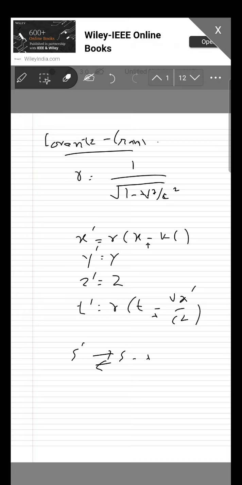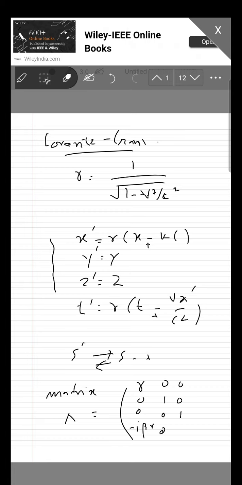Now based upon these, the Lorentz transformation can also be written in terms of a matrix. Let us call this matrix A. The matrix is given in the following way: gamma, 0, 0, minus i beta gamma in the first row; 0, 1, 0, 0; 0, 0, 1, 0; and then i beta gamma, 0, 0, gamma.